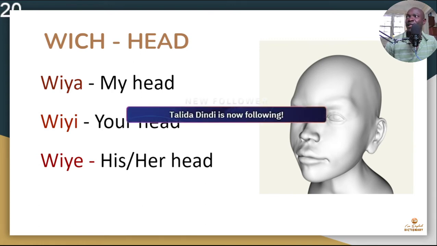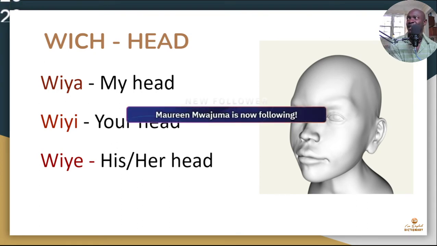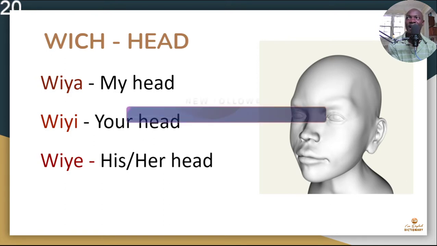And the head is called WICH. Just like when you say which person. So WICH is head. And if you possess, like if you say his, my, your, or mine, or yours, or hers, then now we can say YIER.